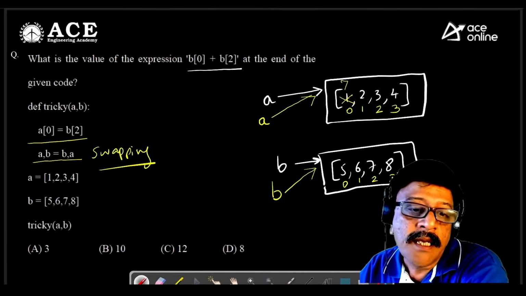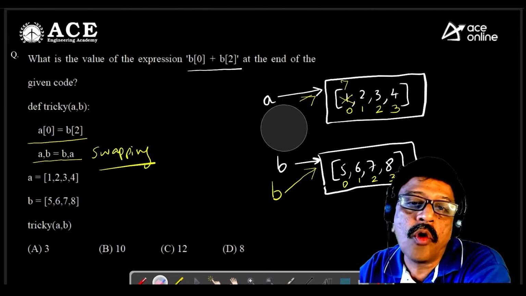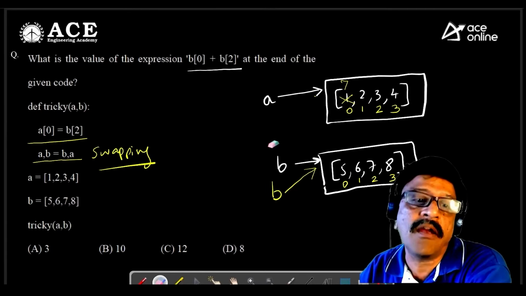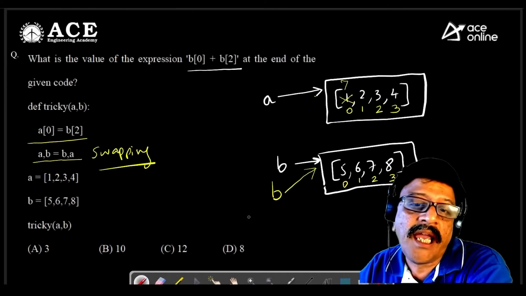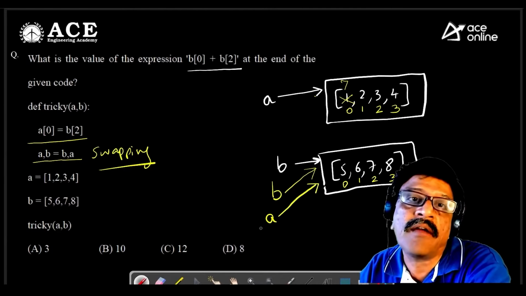What it means is that this reference a will now no more point to where the original a was pointing, because we are swapping a and b. Hence a will now refer to wherever b refers and b will refer wherever a refers.